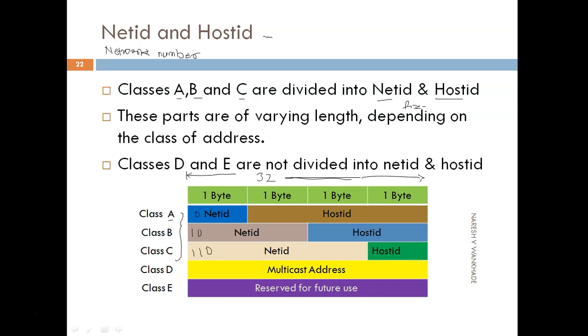The complete IP address is therefore used for multicast addressing, and the same is the case with class E. Class E is reserved for future purposes. And as far as the prefix is concerned, the prefix for class D is 1110, and the prefix for E is 1111.